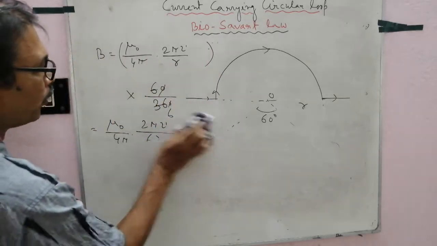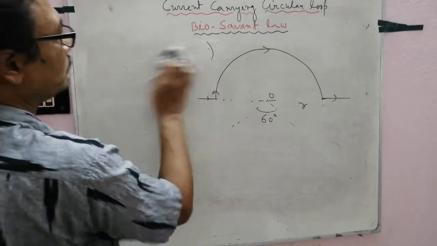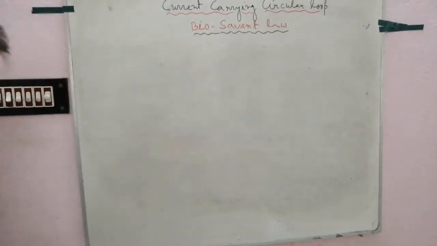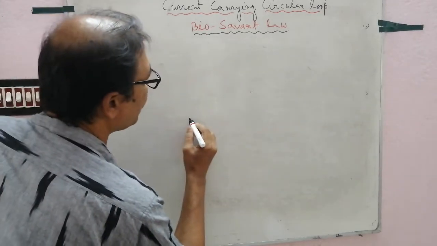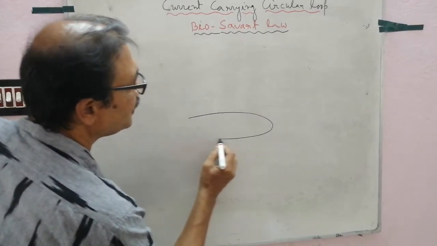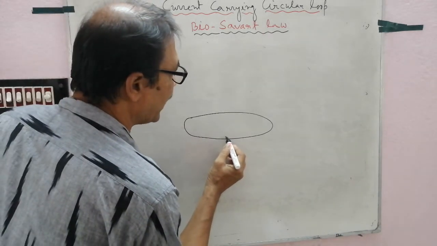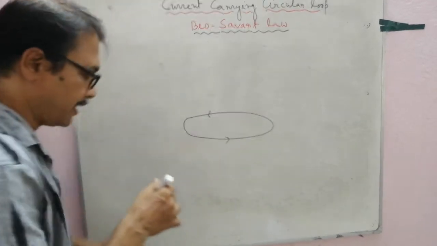Now another problem, application of Biot-Savart law. Suppose this is a coil, this is a circular loop, current flowing in this direction.